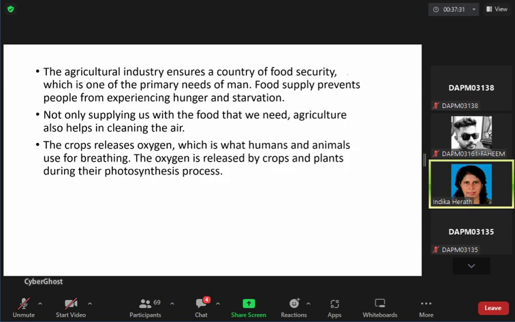The agricultural industry ensures the country's food security. I think the best example is, in the past couple of years, we have made big changes in the agriculture sector by stopping bringing fertilizer from outside, so we had to face a huge problem of providing the required nutrients for the plants. That resulted in not having enough food in the country, right?